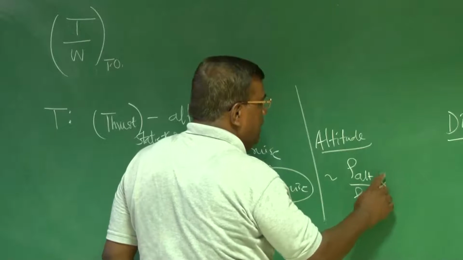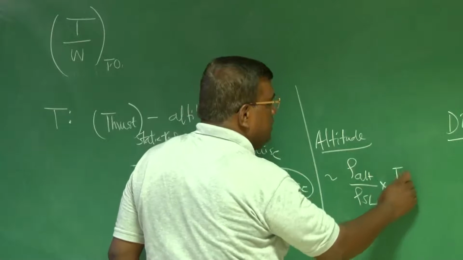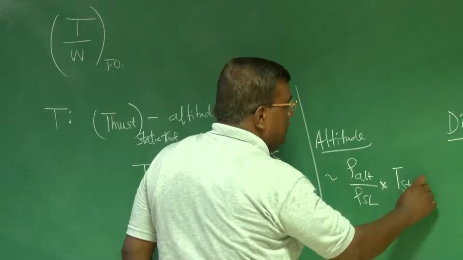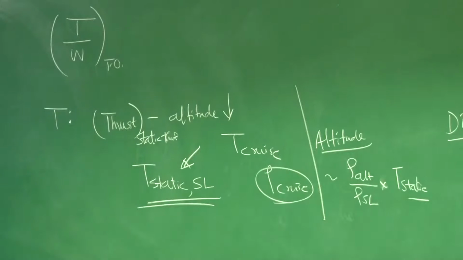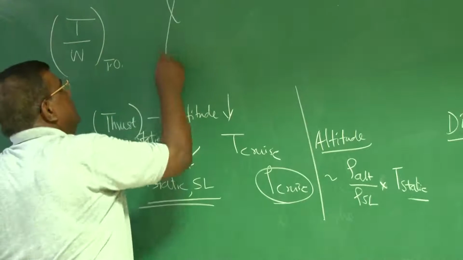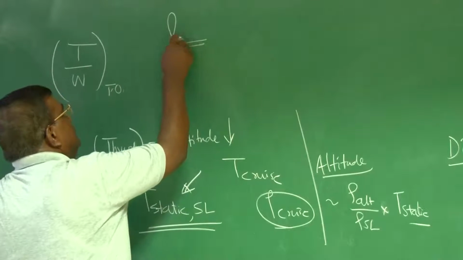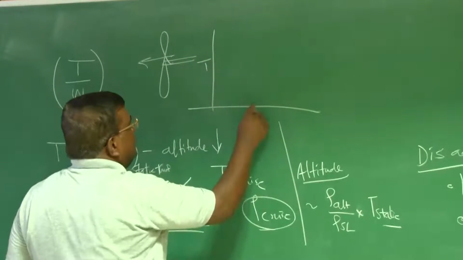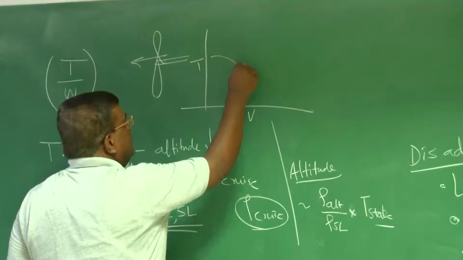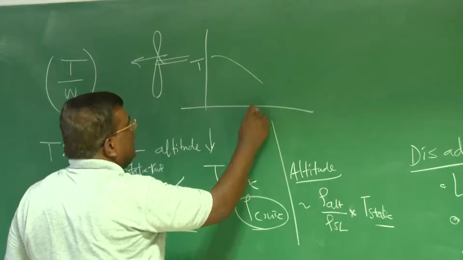If you multiply the static thrust or static power with this factor, you will get the value of that at that altitude. This is a general guideline. Now, think of a propeller driven engine. Its thrust also reduces with V, speed.